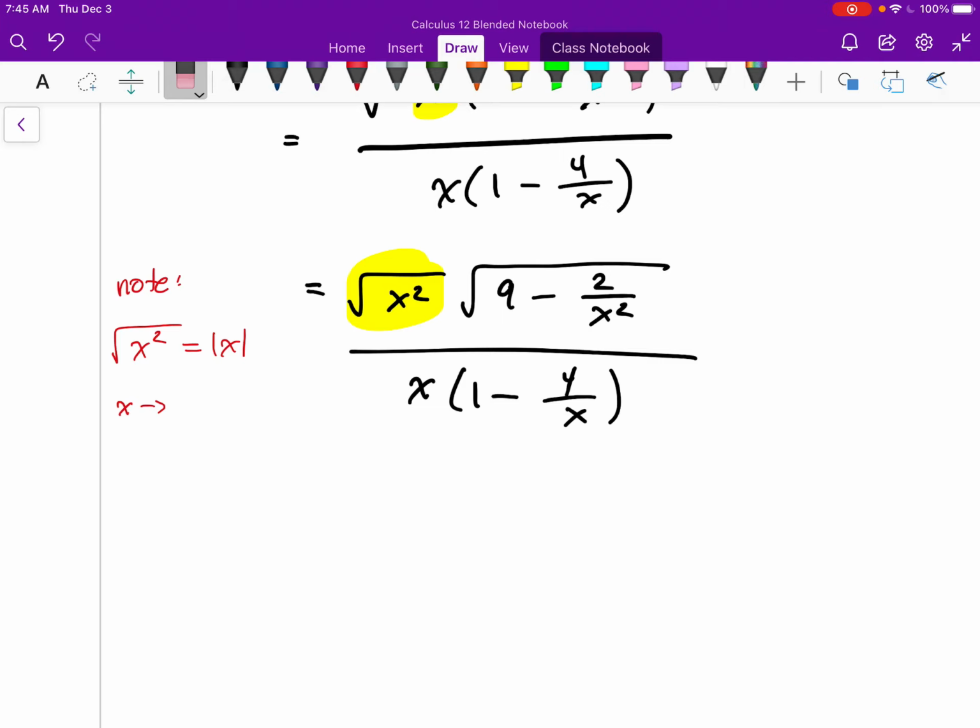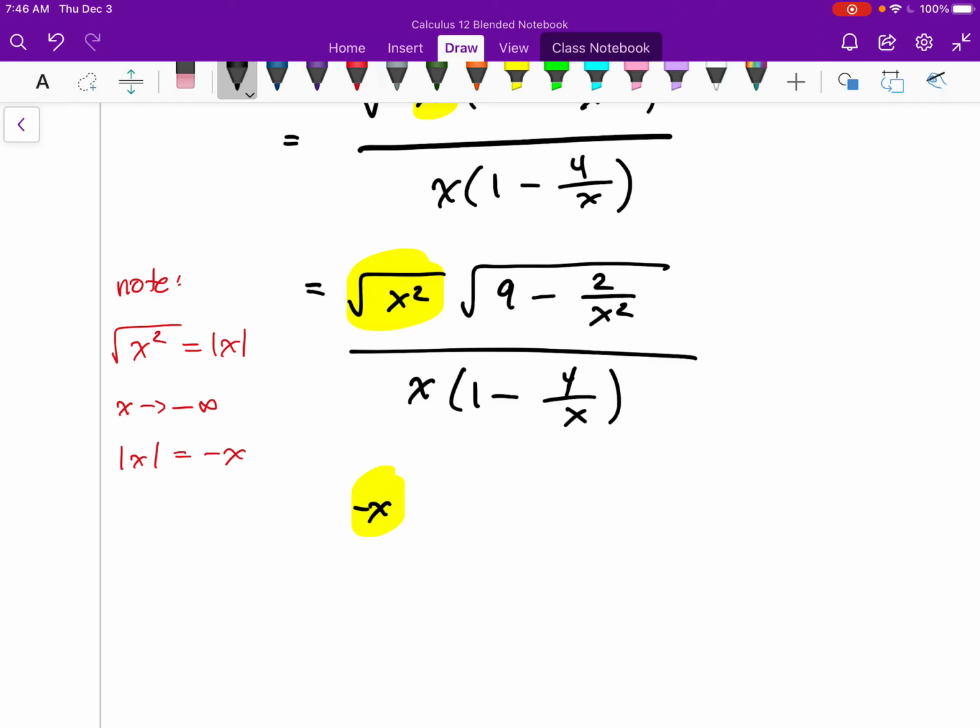It helps if I read the question. And so therefore, the absolute value of x, as x approaches a massively negative number, is going to be the same as just negative x. So that square root of x squared, I can simplify down to negative x. If x was approaching positive infinity, I could simplify it down to positive x.